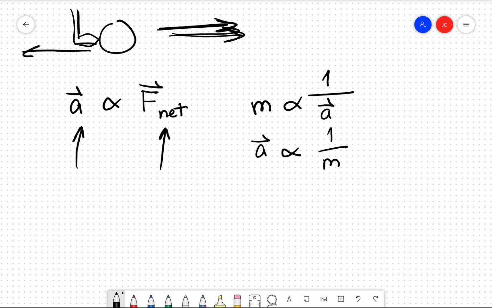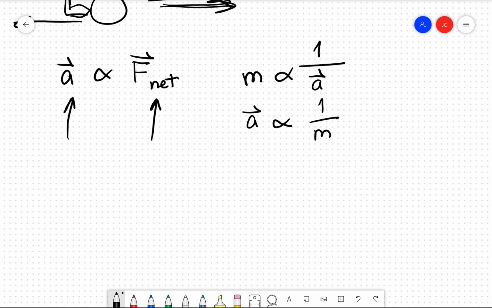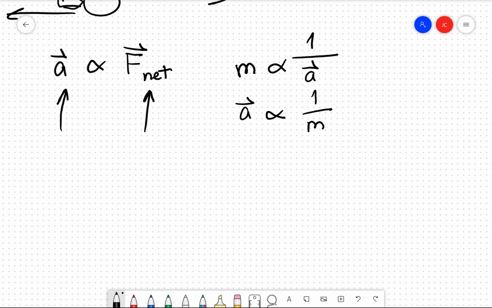So, this also makes a lot of sense. It's a lot easier to push a 3 kilogram box than it is to push a 40 kilogram box. That's kind of intuitive. And that means that we need less force to push the 3 kilogram box and more force to push the 40 kilogram box. Which also means that if we were to apply the same amount of force to the 3 kilogram box and to the 40 kilogram box, the 3 kilogram box would move a lot more than the 40 kilogram box.